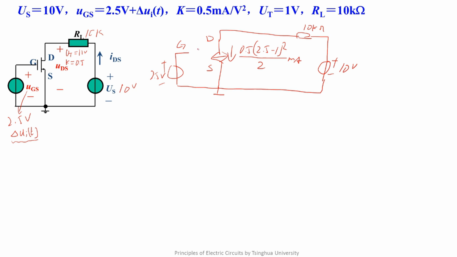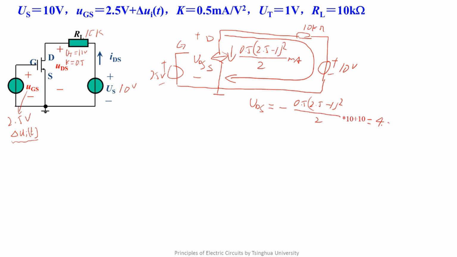That is it. For such a circuit, the output is UDS. In order to find UDS, we need to use the KVL. In such a path, we can get that it is equal to that is 4.375 volts.